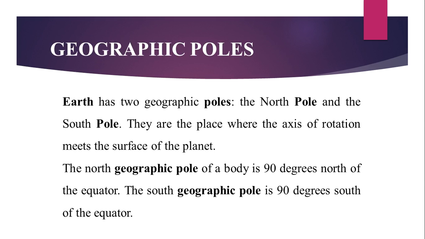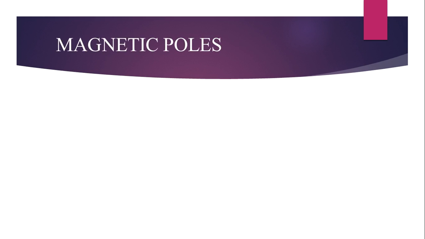Earth has two geographic poles, the North Pole and the South Pole. They are the place where the axis of rotation meets the surface of the planet. The north geographic pole of a body is 90 degrees north of the equator. The south geographic pole is 90 degrees south of the equator.